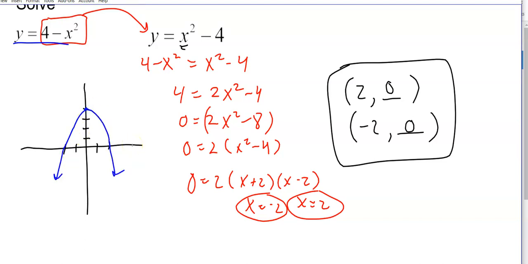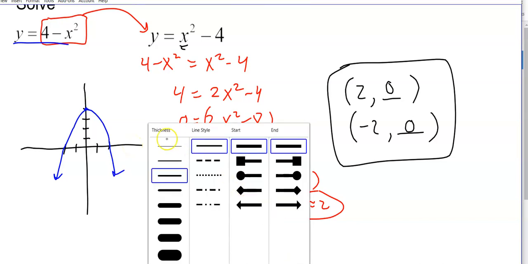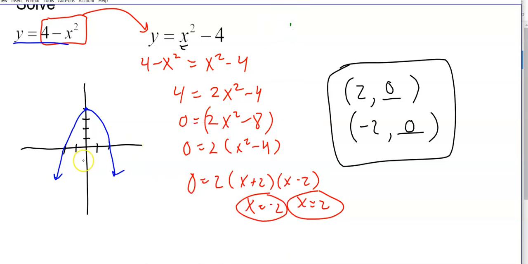This one has a y-intercept of -4. I should have drawn that first. And it roughly looks like this. And they cross at 2 points: (2, 0) and (-2, 0). So that's why we can sometimes have more than one solution.